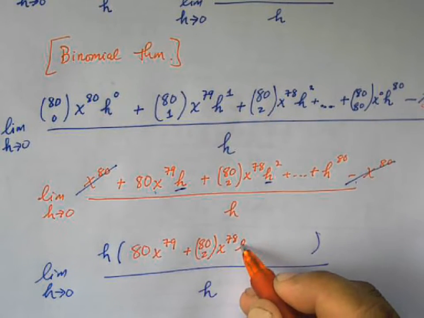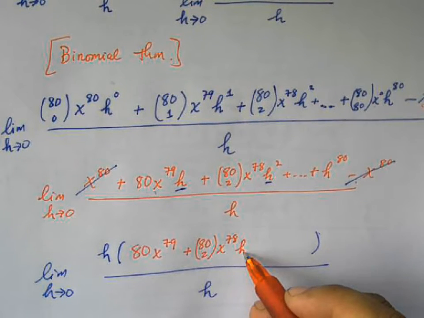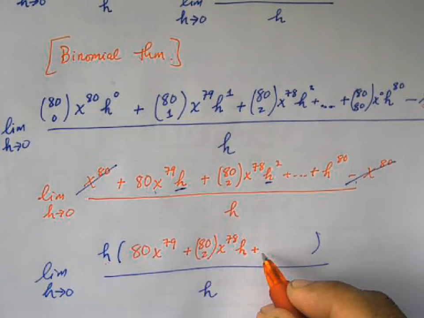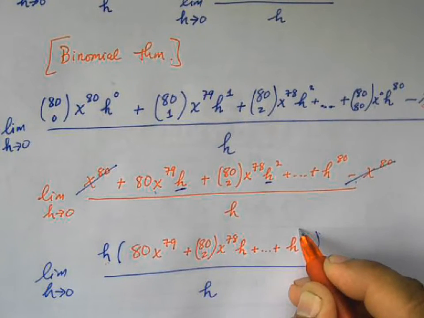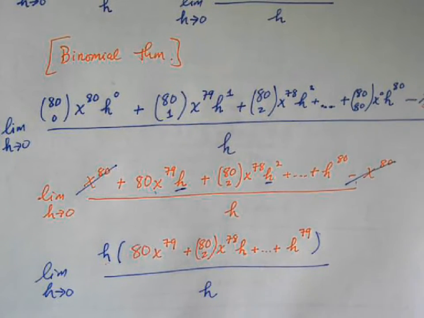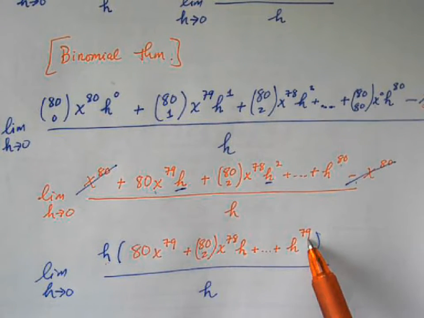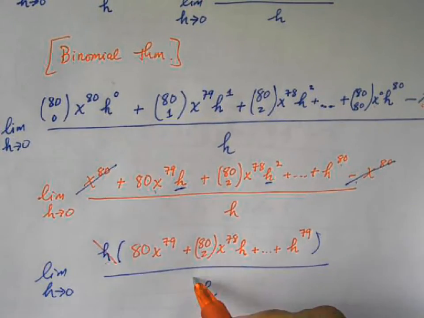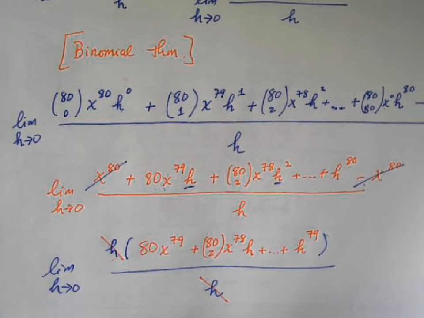This h squared now becomes h to the 1st, because we already factored out an h, plus dot dot dot, and we are going to end with h to the 79th. Because again, instead of h to the 80th, we lose one power because we factor out an h. These two terms cancel, and now we can substitute in 0 for h.